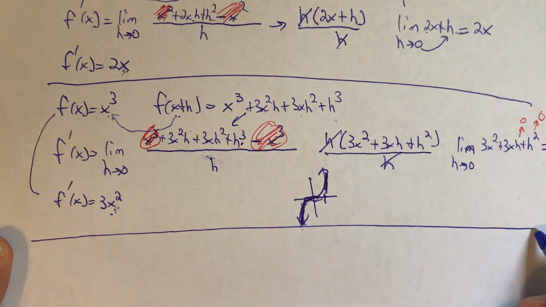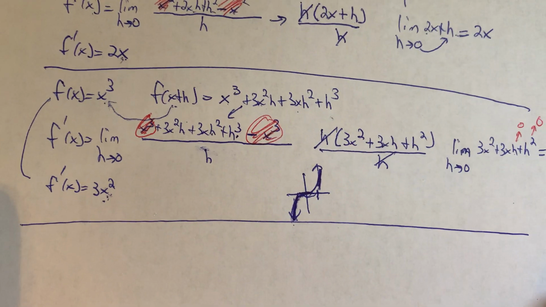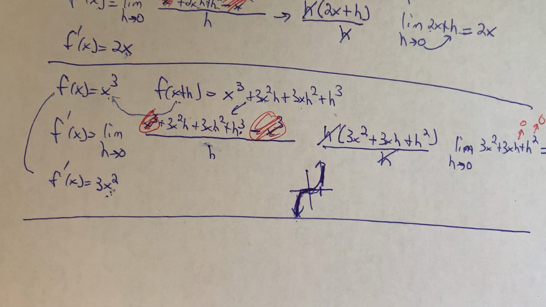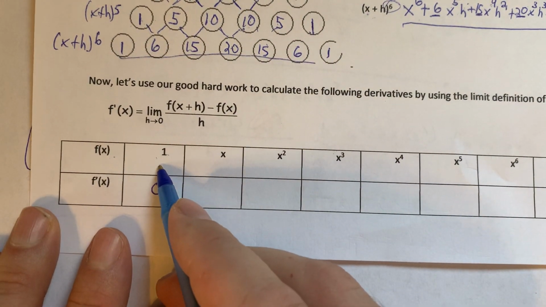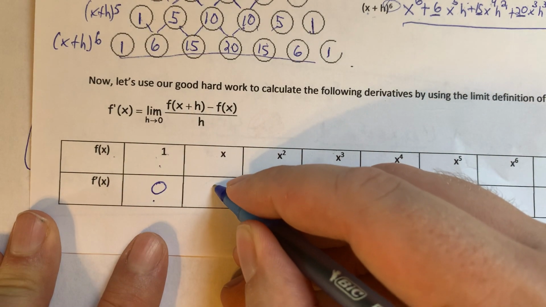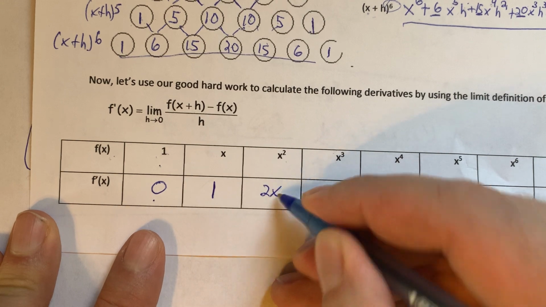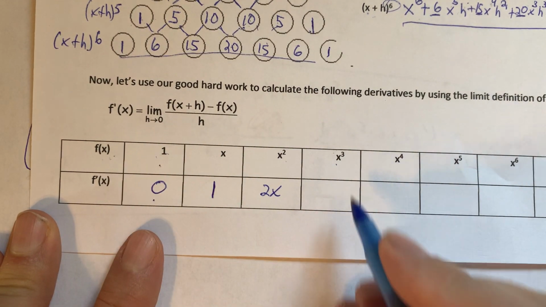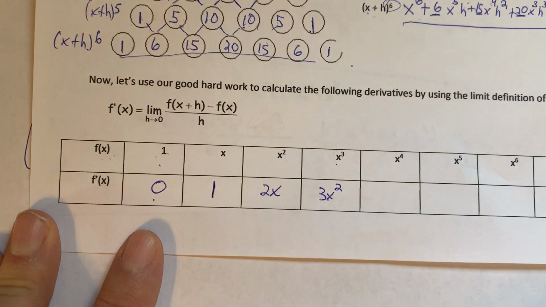Okay. All right, guys. Instead of continuing on with this, let's try to make use of math and come up with a pattern. We found that when f of x was 1, f prime of x was 0. When f of x is x, f prime of x is 1. When f of x was x squared, f prime of x was 2x. When f of x is x cubed, f prime of x is 3x squared.